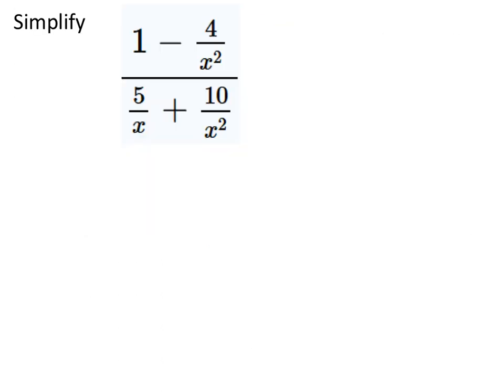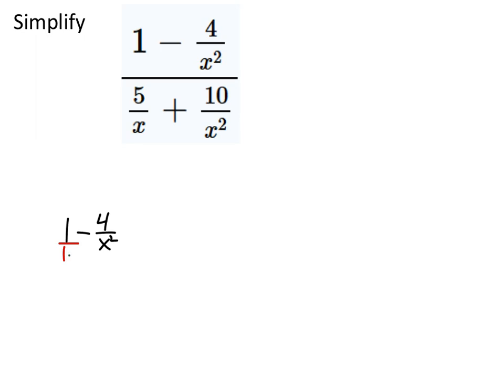I mean, comparatively anyways. So once again, let's just focus on the numerator and denominator first, and get these to be individual fractions before we start reciprocating, okay? So I'm looking at 1 minus 4 over x squared, and 1 is really just 1 over 1. But I need common denominators before I start subtracting these.